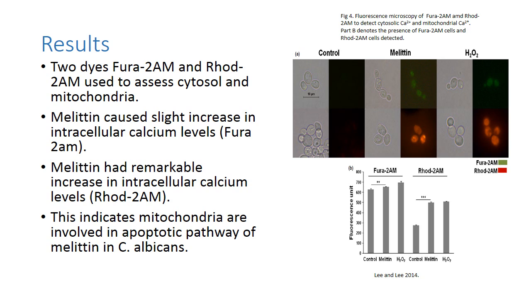The 2 dyes show that melittin caused a slight increase in intracellular calcium levels with Fura-2 AM, and Rhod-2 AM showed a remarkable increase in intracellular calcium levels. So based on the figure, it indicated that the mitochondria are involved in the apoptotic pathway of melittin in Candida albicans.